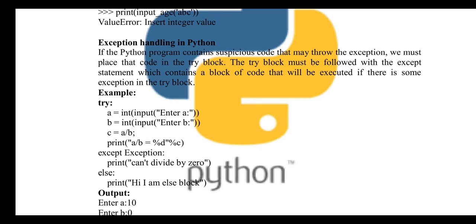See this example here: a, b and c. Here we specify two variables collecting integer values. After that we divide them and store the result in the c variable. After that we print the result.